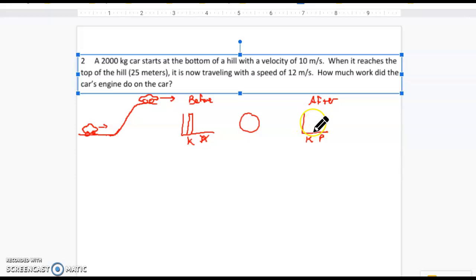But when we get up to the top of the hill, we now have potential energy. In fact, we have a lot of potential energy, but we also have a lot of kinetic energy. We actually have more kinetic energy than we had to begin with because we're going a little bit faster.